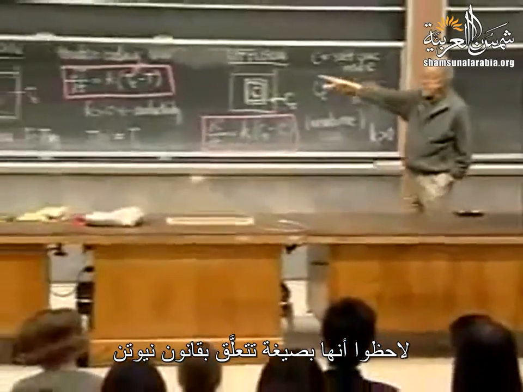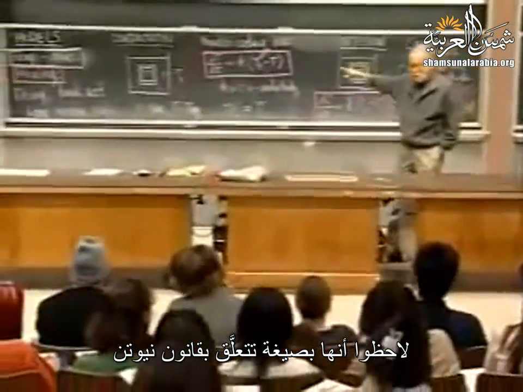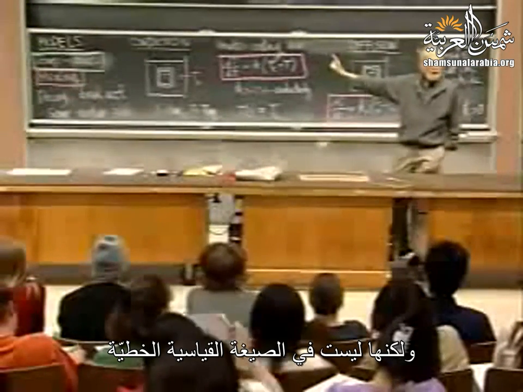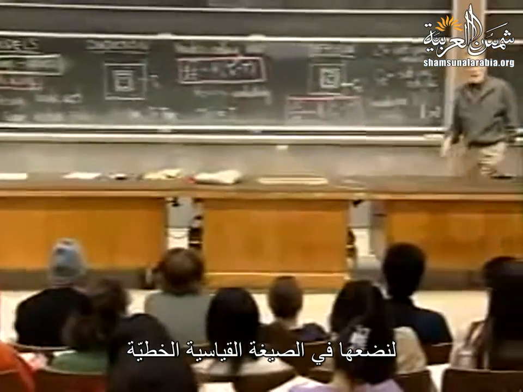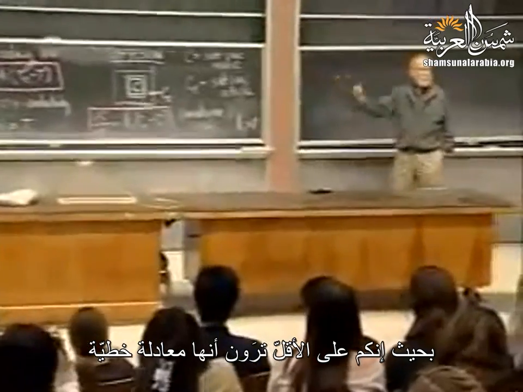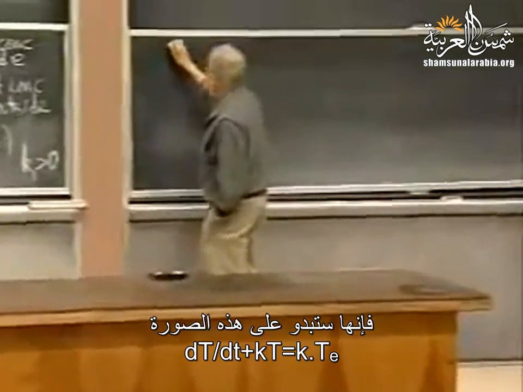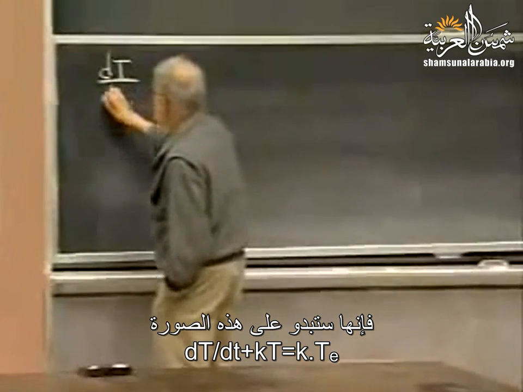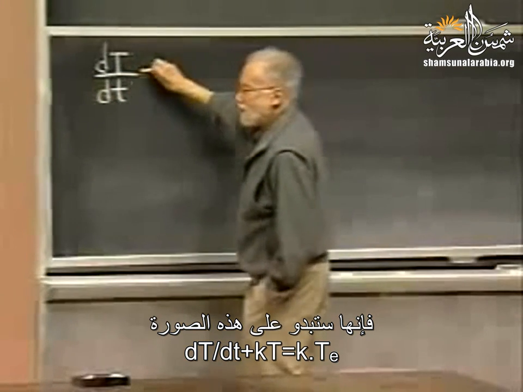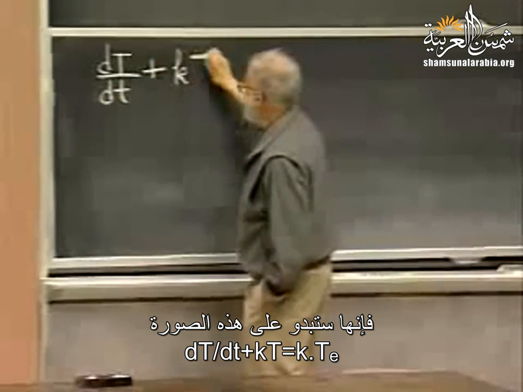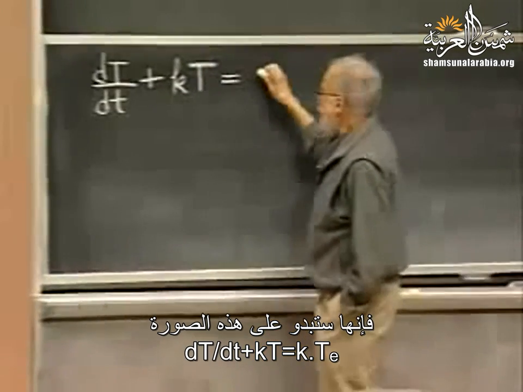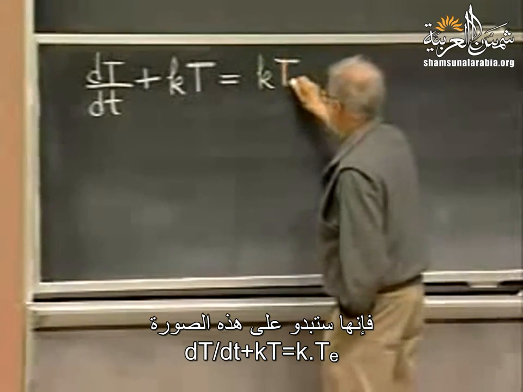Notice that it's in a form corresponding to Newton's law, but it is not in the standard linear form. Let's put it in standard linear form, so at least you can see that it's a linear equation. So if I put it in standard form, it's going to look like dT/dt, d little t, plus kT is equal to k times T_e.